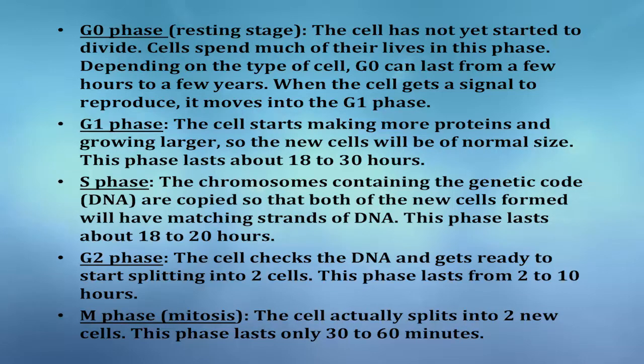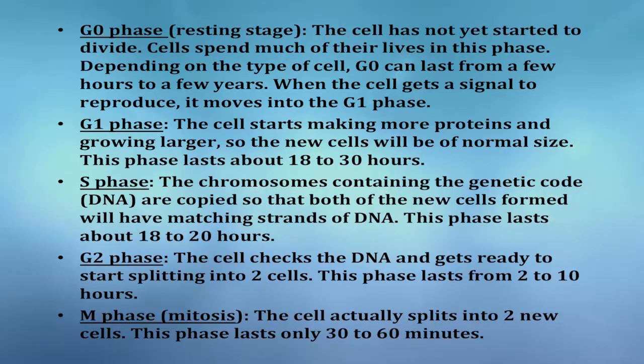Then we move to the S phase, which is DNA synthesis. S letter came from synthesis. This is the phase where the DNA is synthesized, where the chromosomes, which contain the code, become copied and new protein is synthesized, and that lasts from 18 to 20 hours.